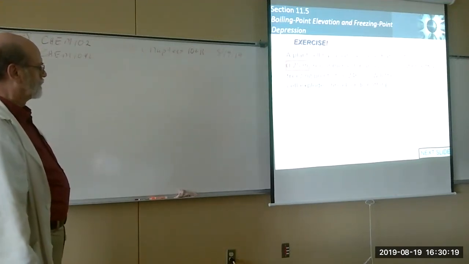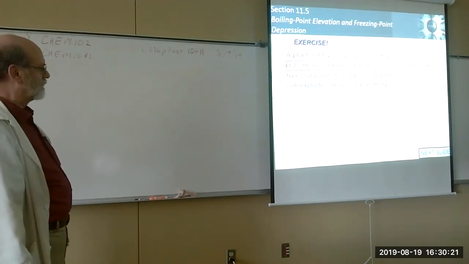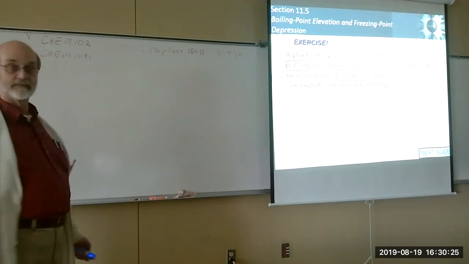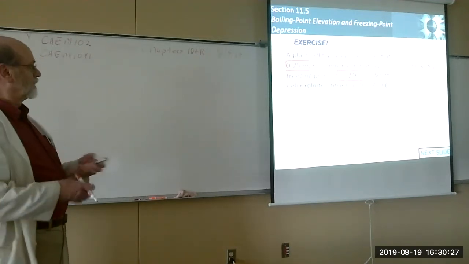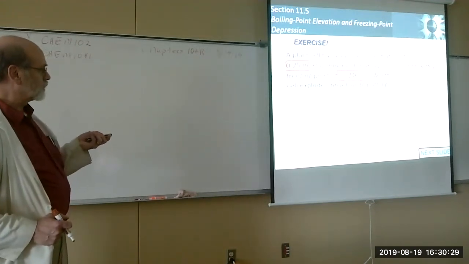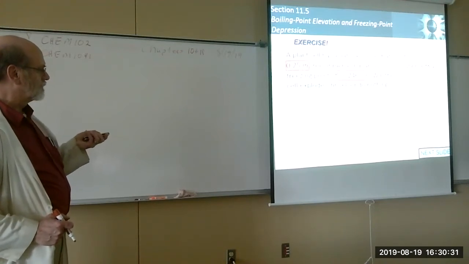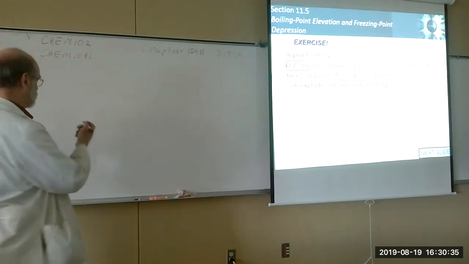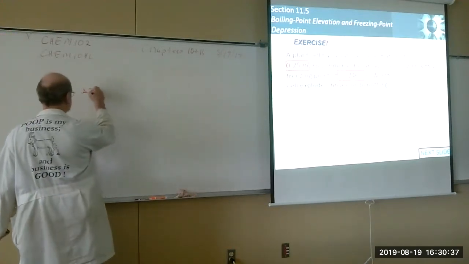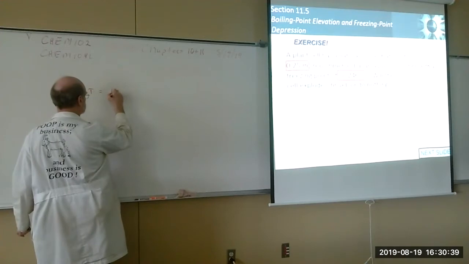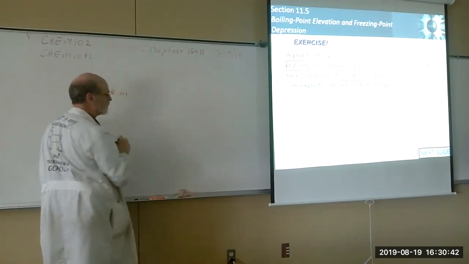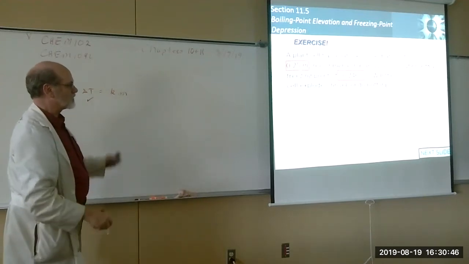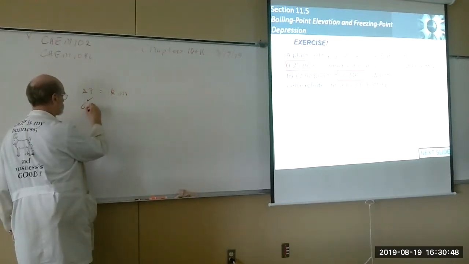So that's the molality inside the cell. What we need to know is the molality outside the cell, don't we? So if we take the freezing point of the aqueous solution, then we can find the molality, because all we need is delta T equals K times molality. We know this one because the change is 0.246.